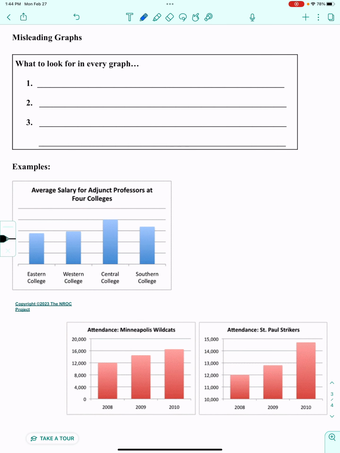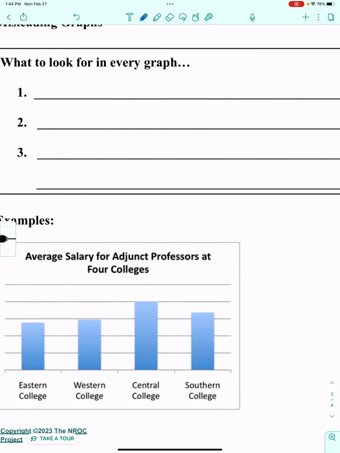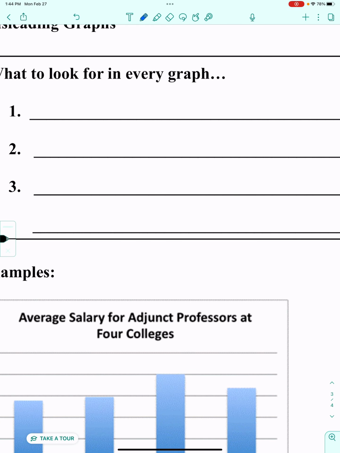Now let's take a look at what to look for in a quality graph. Every graph needs these things for sure in order to accurately represent data. So make sure your graph is labeled.